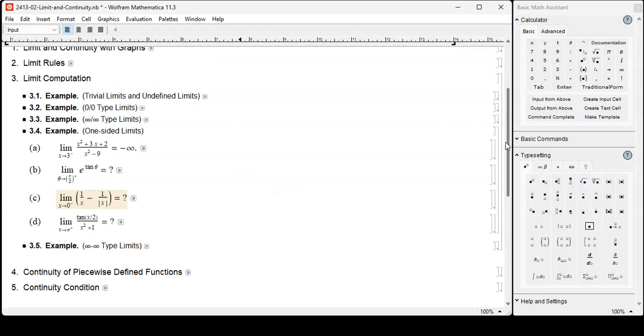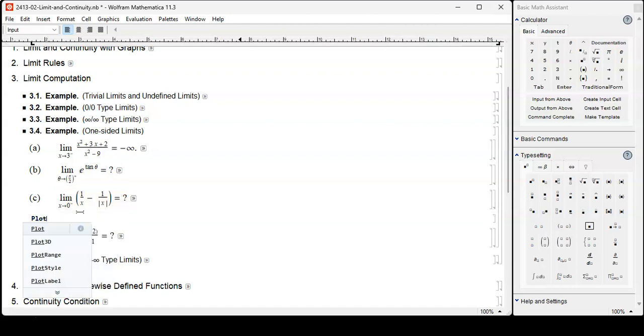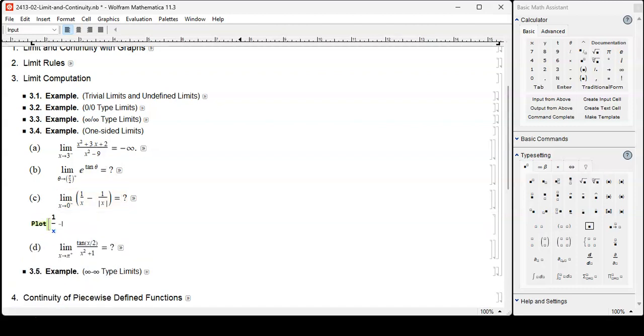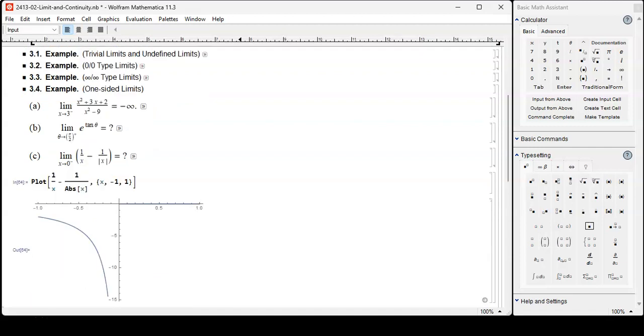How about this? Again, you can plot 1 over x minus 1 over absolute value of x. I don't know whether absolute value sign is supported, it does not. So you have to know some mathematical code, I guess. So when x is going to 0 from minus side, going to negative infinity, going to plus side is going to 0.